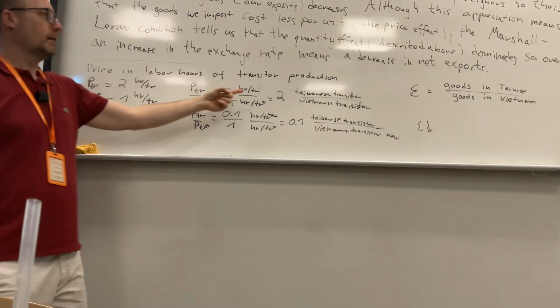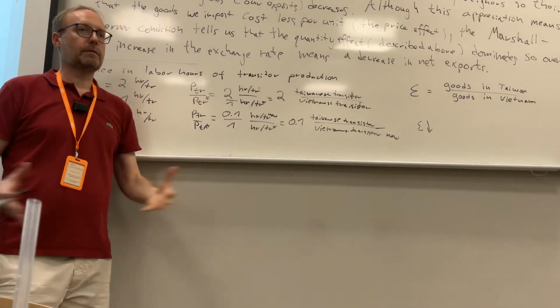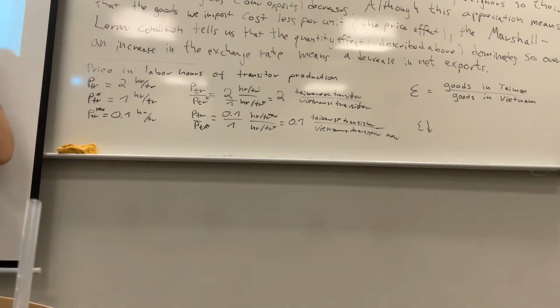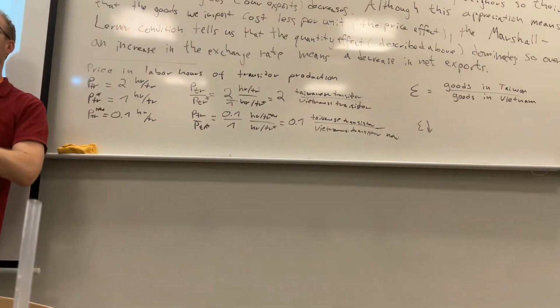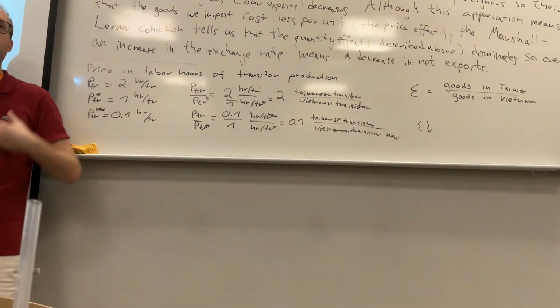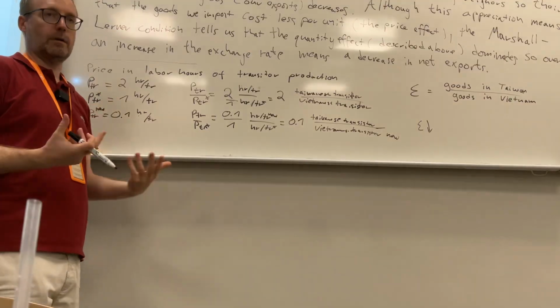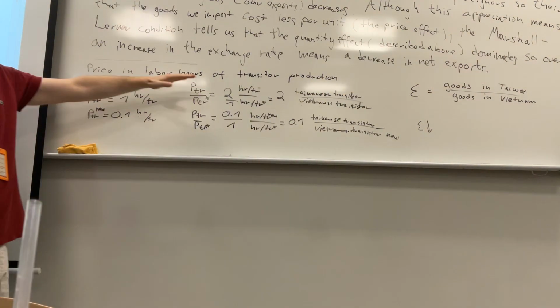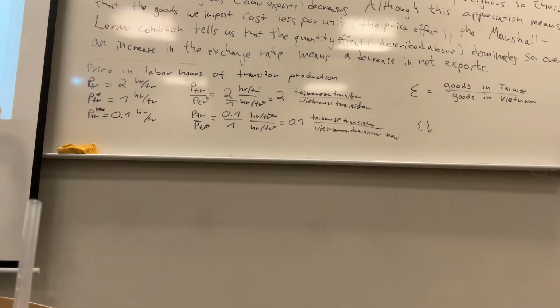You'd have to give up in terms of the real cost 2 Taiwanese transistors to get 1 Vietnamese transistor. We're saying nothing about the Vietnamese or Taiwanese transistor being better in terms of quality. It's all about the unit labor costs. And we are now able to produce them more competitively in Binh Duong.